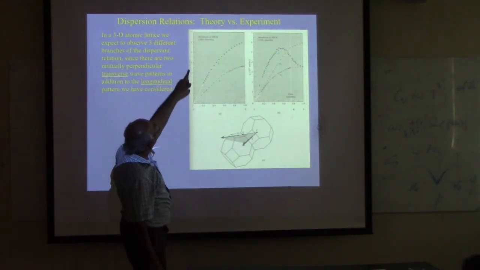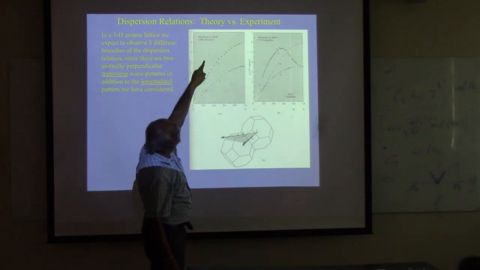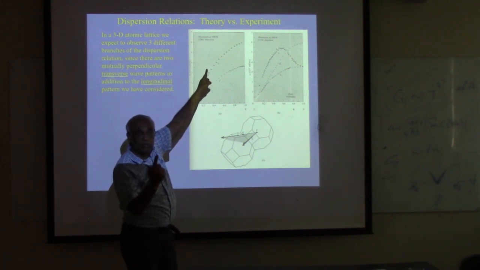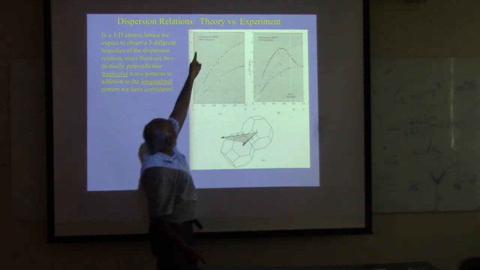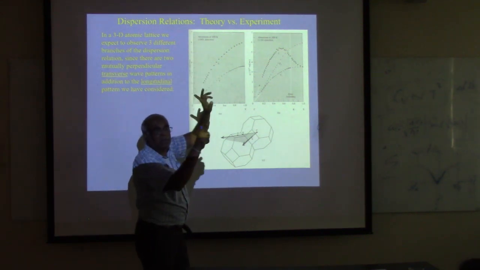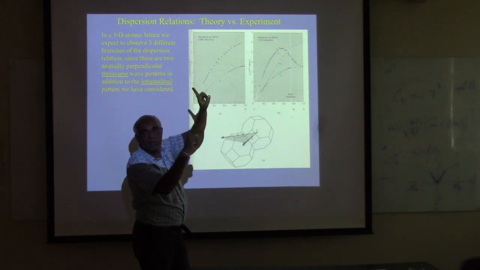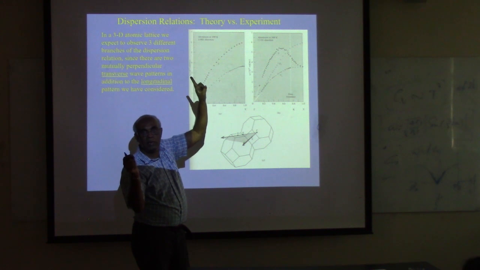But if you look at this aluminum 1 0 0 direction, remember we talked about directions, right? 1 0 0 means in this case these directions are pretty much the same, right? They are degenerate. So that means you will only see one longitudinal and one transverse wave.